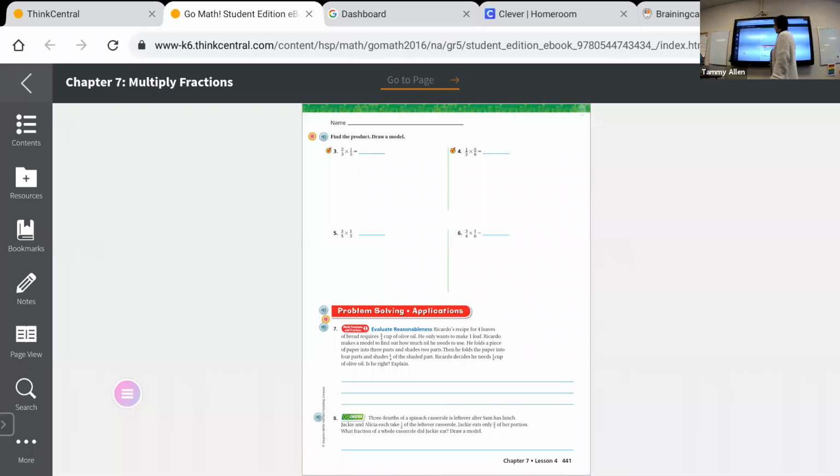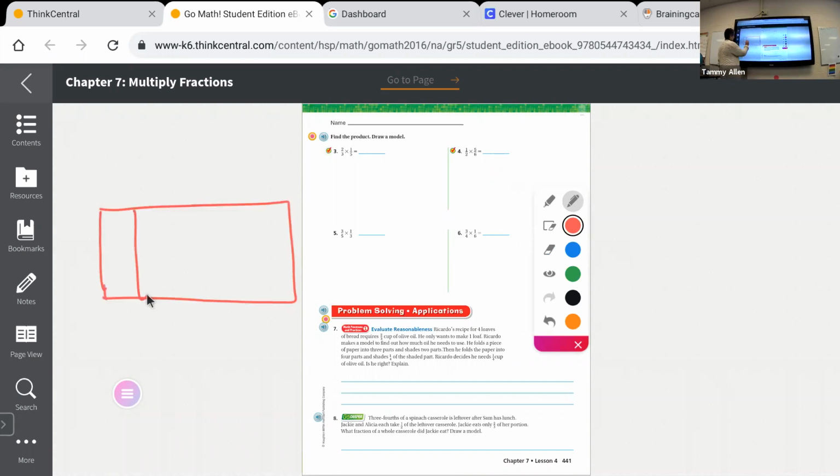Let's take a look at number 3. 2/3 times 1/5. What would we draw first? 1/5. Shaded 1.